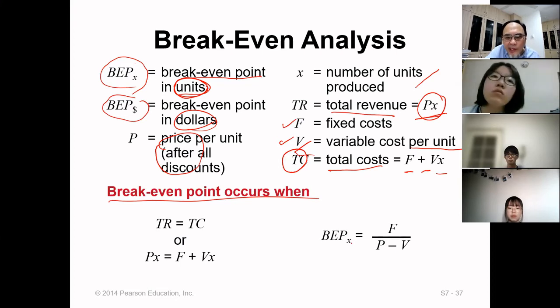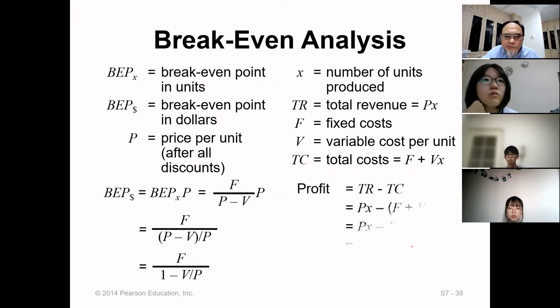So break-even point for X, which is units, is equal to fixed cost divided by contribution. Just now we said price minus variable cost is contribution. Price per unit minus variable cost per unit is contribution.